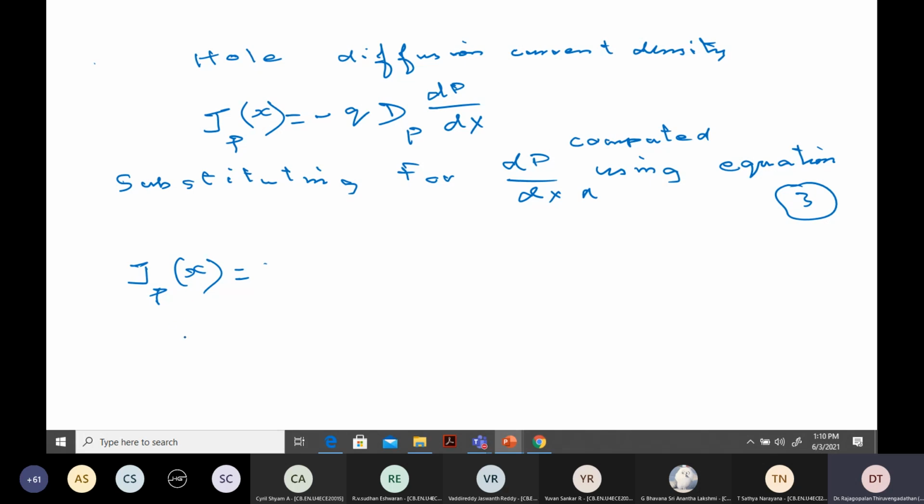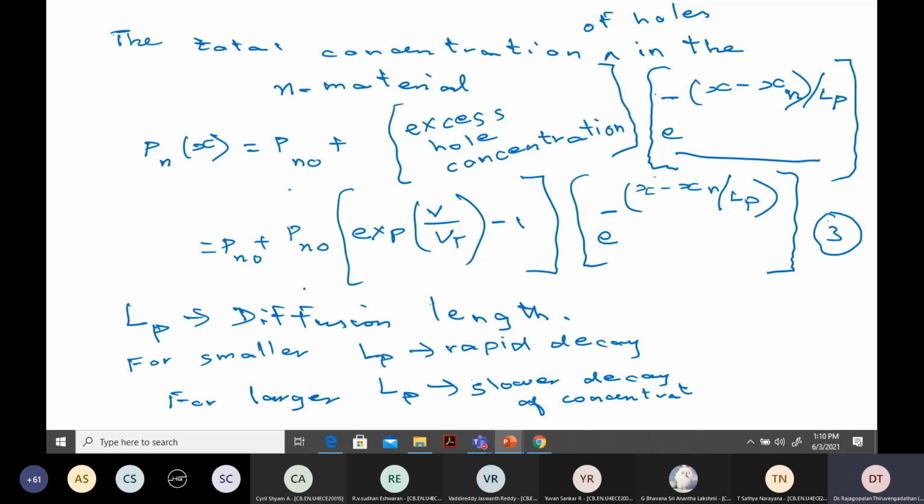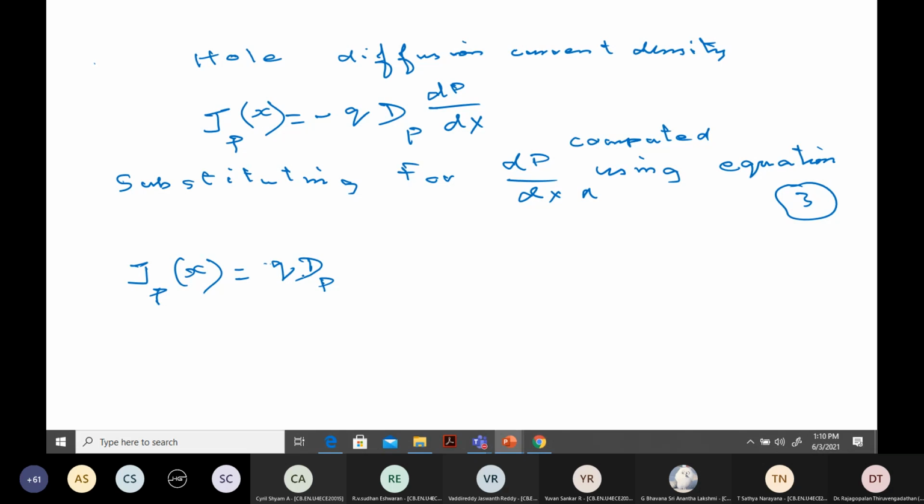So I will get the whole diffusion current density as plus q D_P, and a term from the exponential, which is 1 by LP.